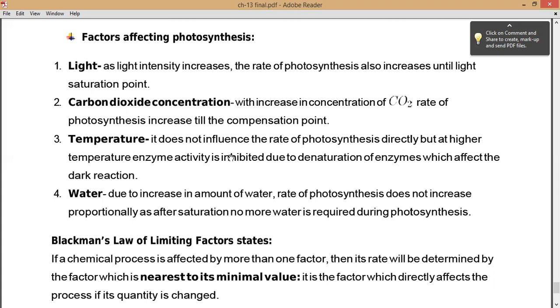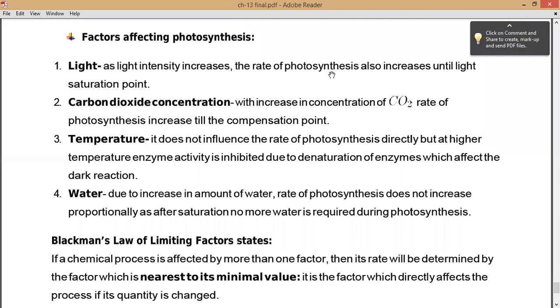So even water plays a very important role, right? If increased water content is there, then the rate of photosynthesis does not increase proportionally, as after saturation no more water is required during photosynthesis.